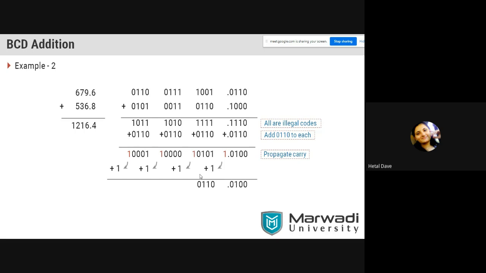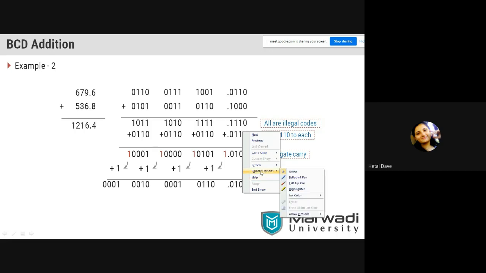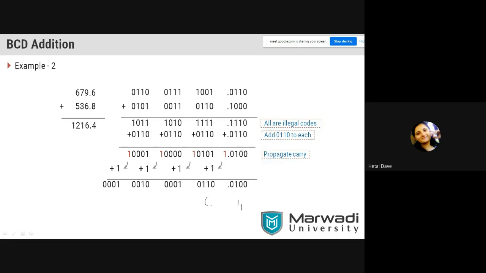Are you getting 0110, which is equivalent to 6? 0001, 0010, last is 0001. So ultimately, what would it be? This will be 4. It will be 6. It will be 1. It will be 2. And it will be 1.